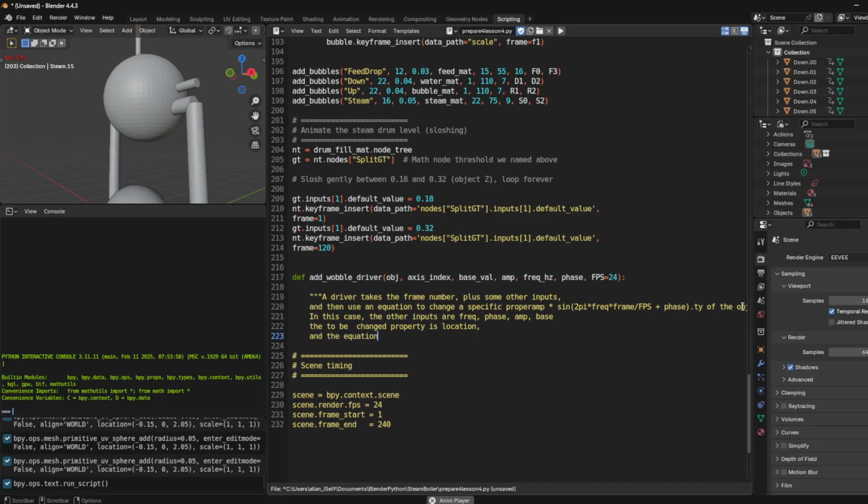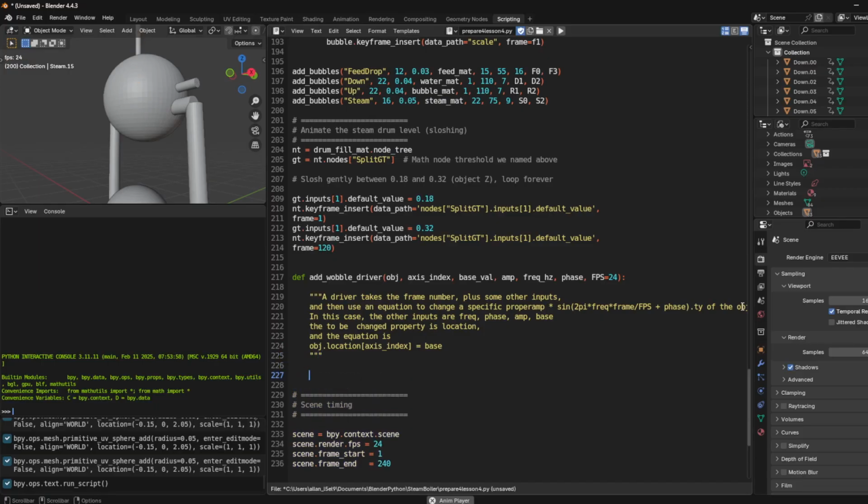The equation is obj.location[axis_index], so x or y, equals base plus the amplitude, well, a random number between the base and amplitude. All right, now we're done with this comment. We can move on to more comments.